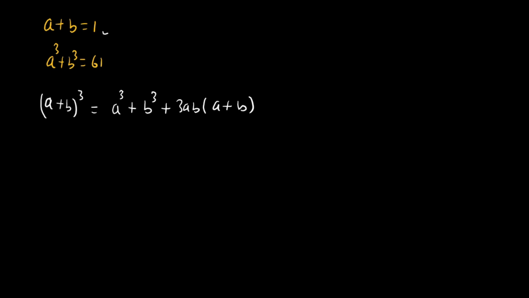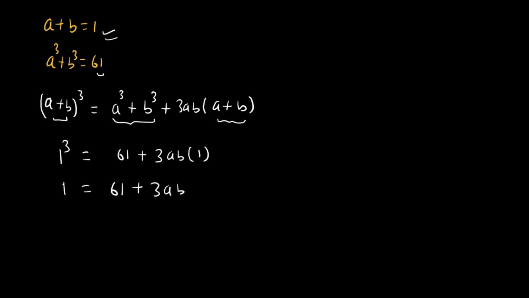Since a plus b is 1, it is replaced by 1. Then on the left hand side 1 power 3 equals a cube plus b cube replaced by 61, plus 3 times ab times 1. So 1 cube, that is 1, equals 61 plus 3 times ab.